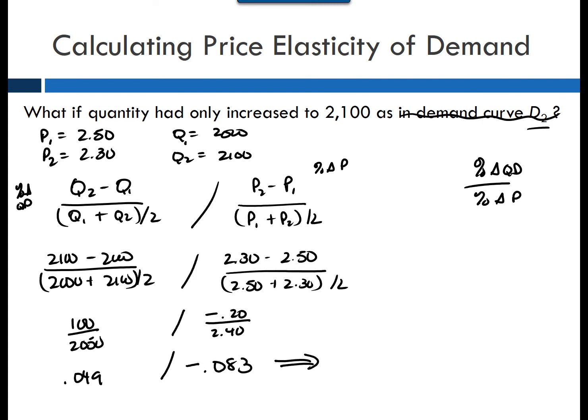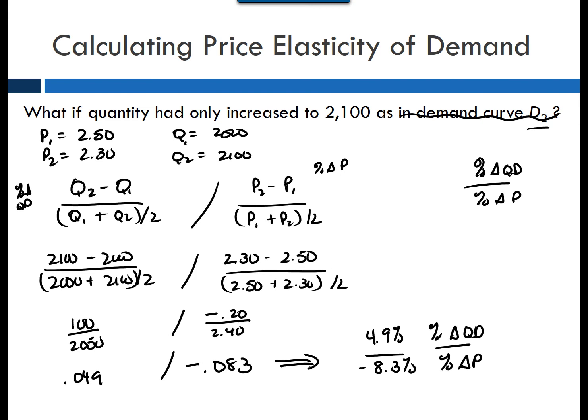And so now, if you want to translate that into percentages, you could take it times 100. So what this is really telling you is when my price dropped by 8.3%, my quantity demanded went up by 4.9%. So now the impact, the 4.9%, is smaller than the thing that caused it. When I dropped my price by 8.3%, the quantity demanded went up, but it only went up by 4.9%.